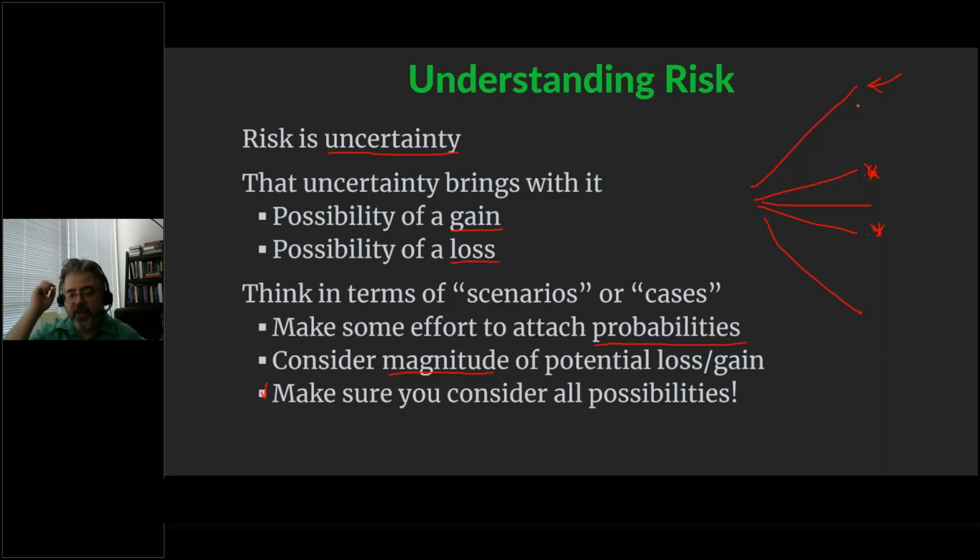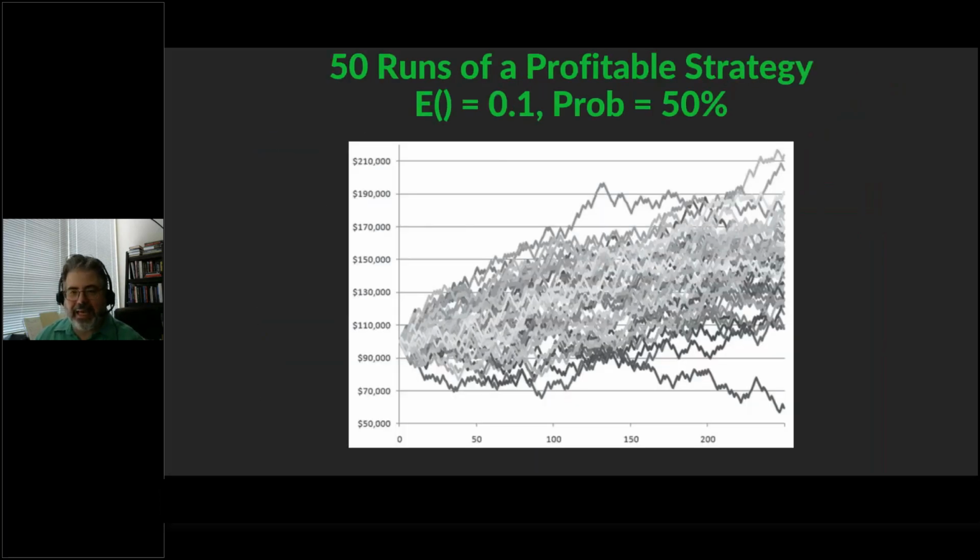So I found myself, and I think a lot of traders do find themselves, focusing both on the big gains and the big losses, spending just too much mental energy on relatively insignificant outcomes because they're unlikely, because they're so vanishingly unlikely.